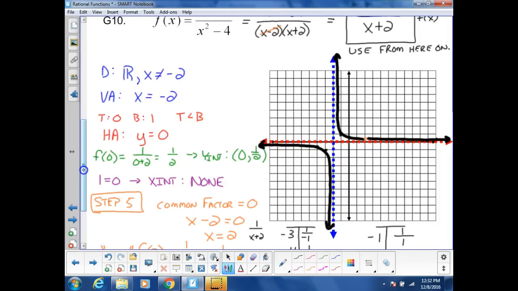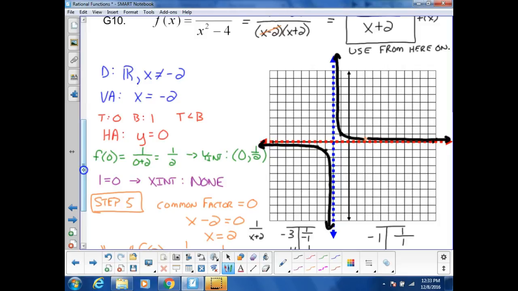Then end behavior and asymptotal behavior is the same. So end behavior here would be as x approaches positive infinity, my function approaches 0 from above. As x approaches negative infinity, my function approaches 0 from below. Now I only have to do one asymptotal behavior, on each side, because there's only one asymptote.